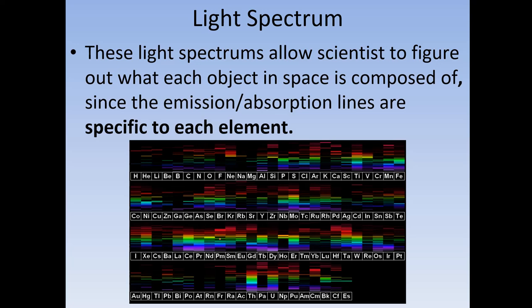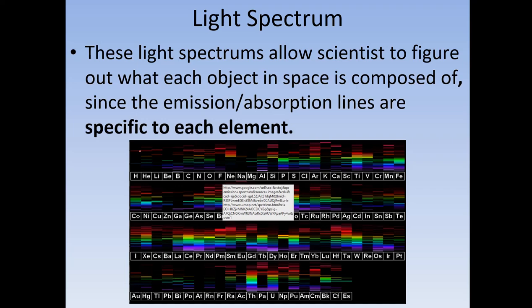This is actually how we're able to figure out not only the composition of what's in the atmosphere of different planets, of different stars, but it's also how we're able to tell whether or not galaxies are moving towards or away from us, because we can identify the lines that match up for hydrogen, since no other element has lines that match exactly with hydrogen's lines.